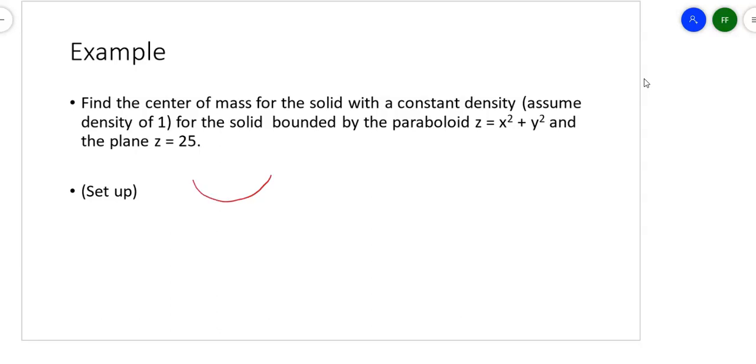If I get one of these shapes like this, they're going to go from x squared plus y squared up to that 25 where the lid is.